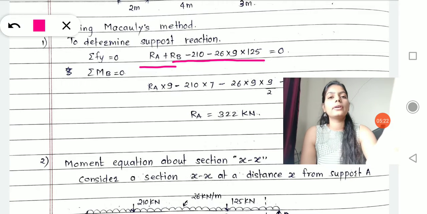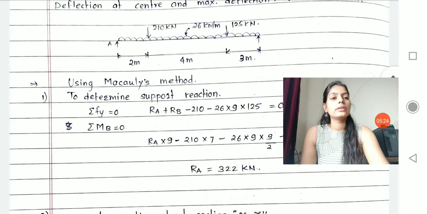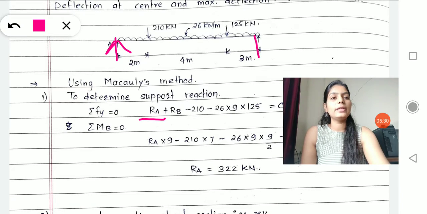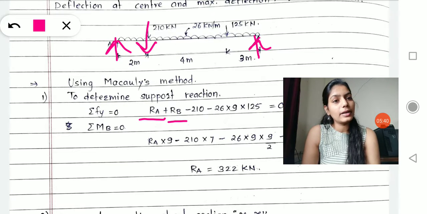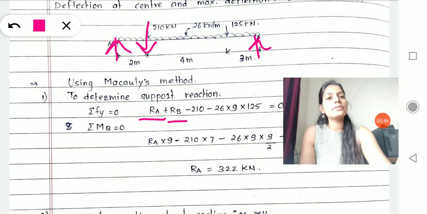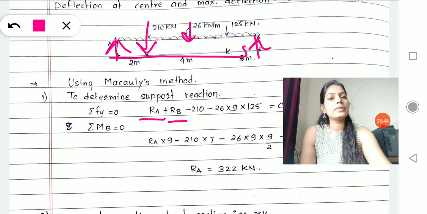If you want to see it, see here in the figure: RA plus RB minus 210. Why minus? Because it is acting vertically downward, therefore negative 210, minus 26 into the total span.